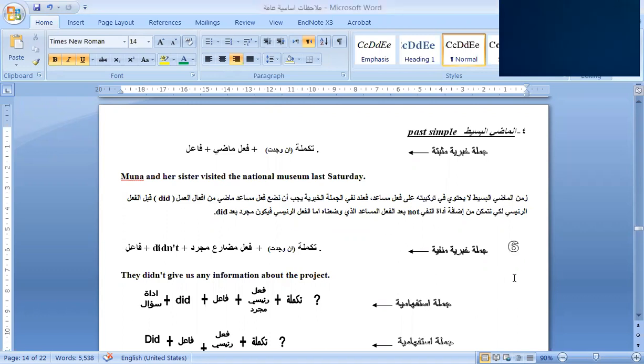In the last session, we talked about the present continuous and the present perfect, if you remember that. And we said that each of these tenses has certain conditions without which the tense cannot be regarded as that tense.